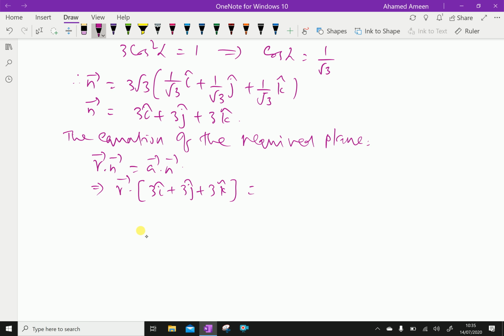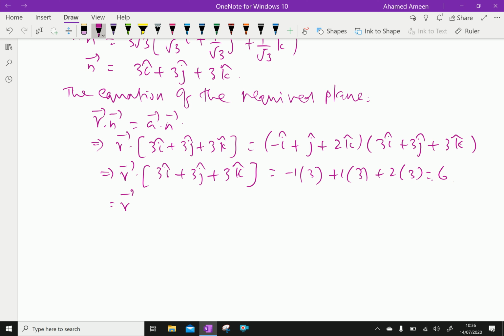Now r vector dot 3i plus 3j plus 3k equals 6.